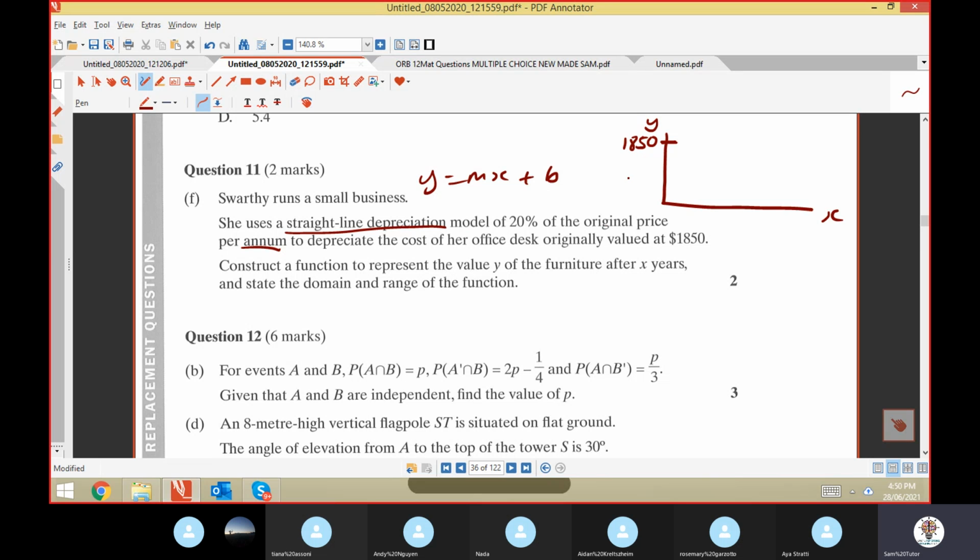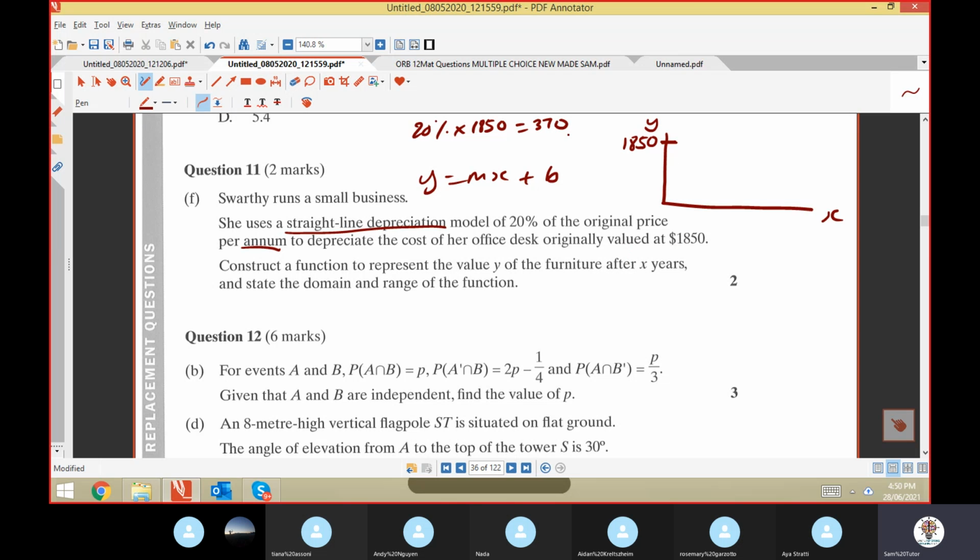So what is 20% of 1850? Well, 20% of 1850 gives you 370. Then you're going to lose 20% of that, which becomes 296 and so on.